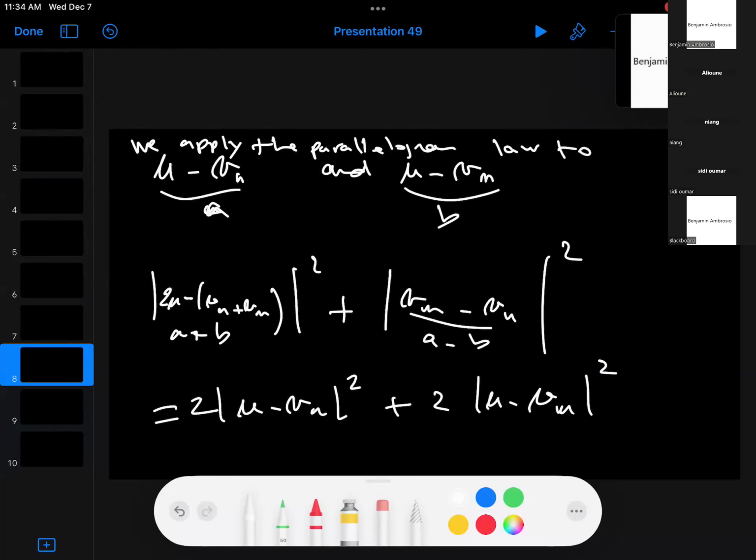All right, what's interesting here is that I got the norm of Vm minus Vn squared, and I want to prove that Vn is Cauchy, so that's good.